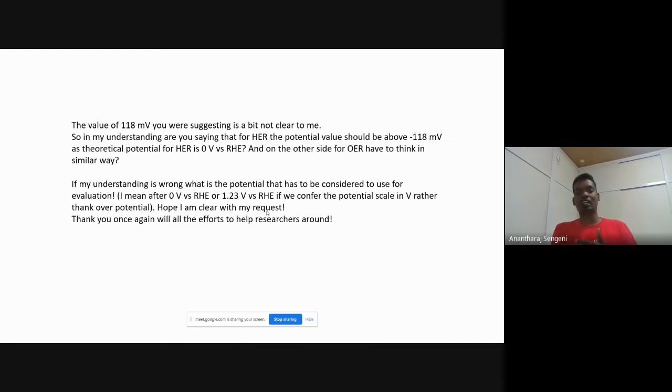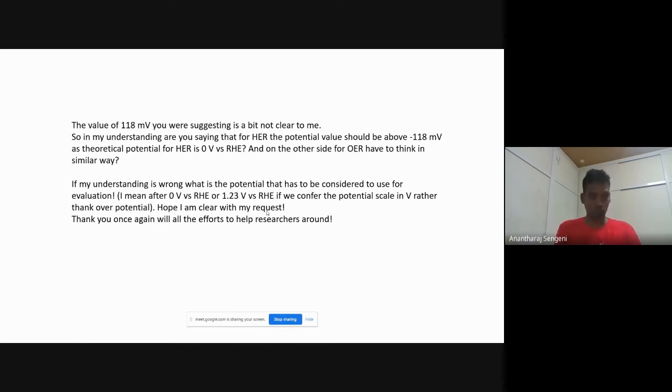The current contribution of the opposite reaction should be less than 1% in order to satisfy the Tafel condition. This can be achieved only when we move away from the reversible potential by 118 millivolt, so that we ensure the current contribution from the opposite reaction is less than 1%, and we are truly in the Tafel region.